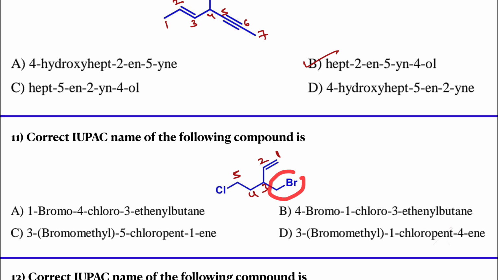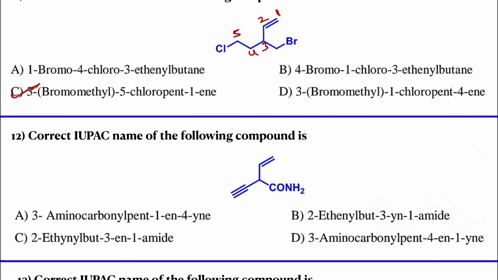Alphabetical order. So this is 3-bromomethyl, 5-chloro, pentene. Since it is a complex substituent, its name should be enclosed in brackets. Therefore, this is 3-(bromomethyl)-5-chloropentene. So the answer will be C.